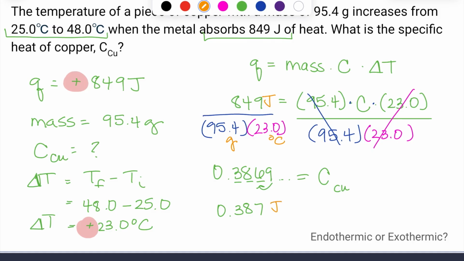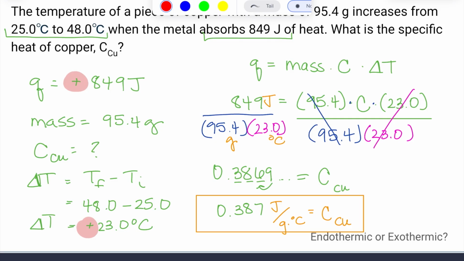And so our unit is joules per gram times degrees Celsius for that specific heat of copper. The specific heat would be the same whether this was endothermic or exothermic. But in the case of that heat being absorbed, that means that this is an endothermic process in this example.